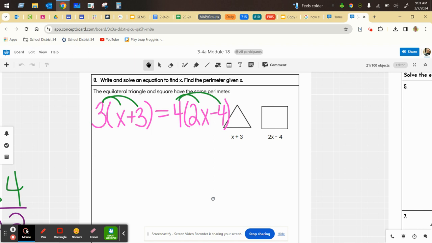Okay. Hopefully you've already solved it. Now you're just checking your work. So we would have 3x plus 9, 8x minus 16, subtract 8x.